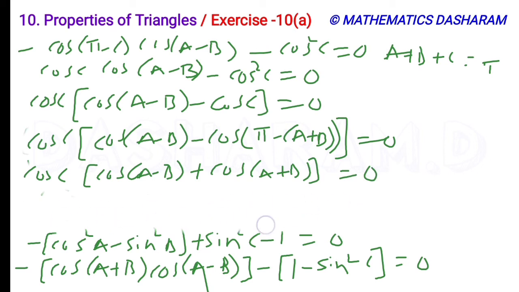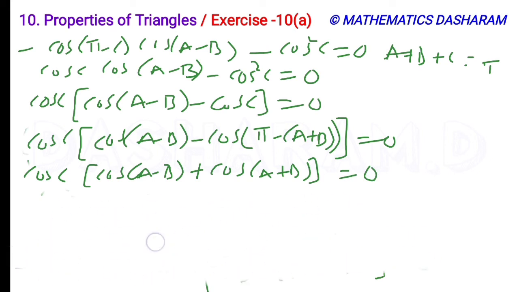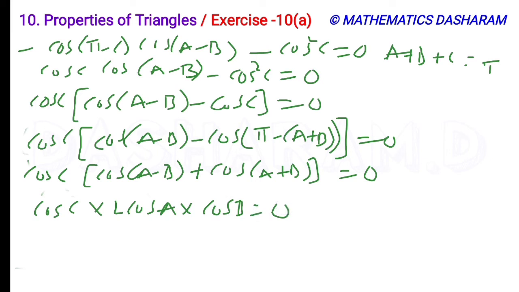Now cos(A minus B) plus cos(A plus B) means the cos C plus cos D formula. So it is equal to cos C into 2 cos A into cos B equals 0.